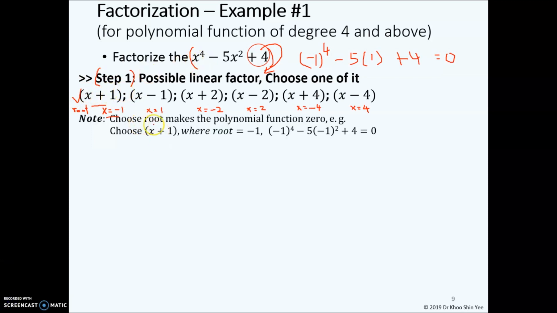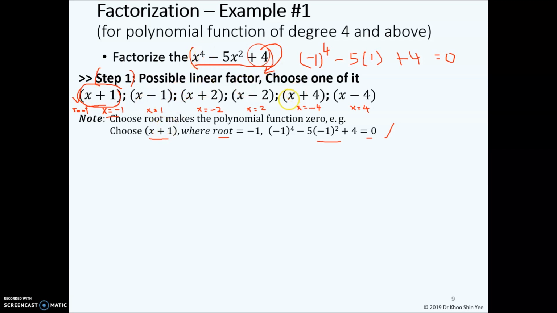We have to choose the root that makes the polynomial function 0. So in this case, we choose the root x plus 1 as the linear factor because this is the real root which makes the function 0. So we can say that x plus 1 is the actual factor for the function.